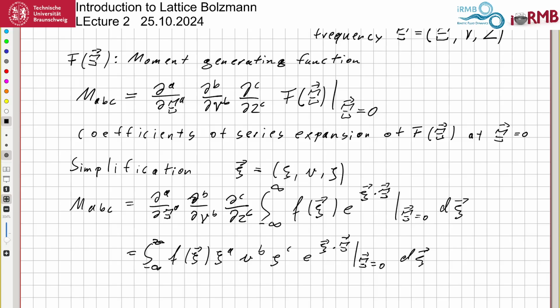All of this together, what you end up with is the integral from minus infinity to infinity of f of xi multiplied with xi to the power of a, upsilon to the power of b, and zeta to the power of c, dxc.